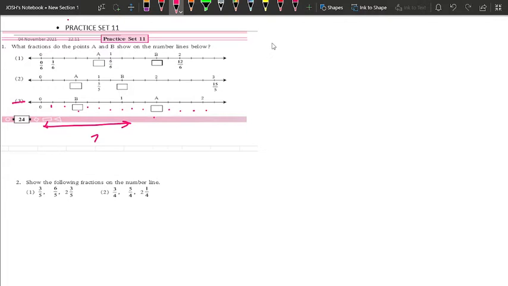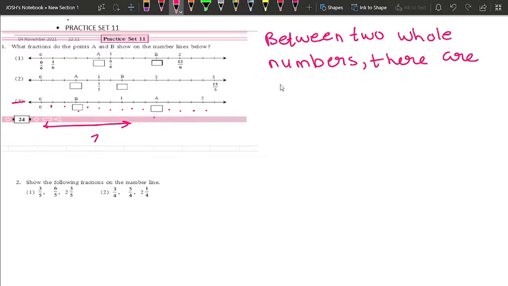So between two whole numbers there are 7 divisions.